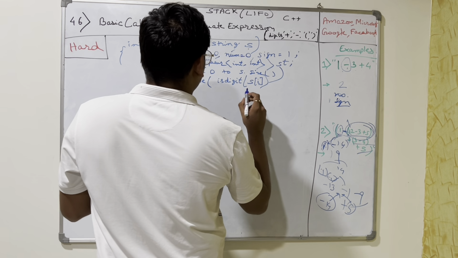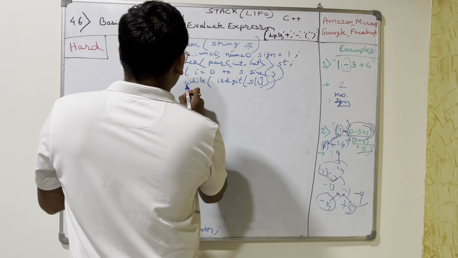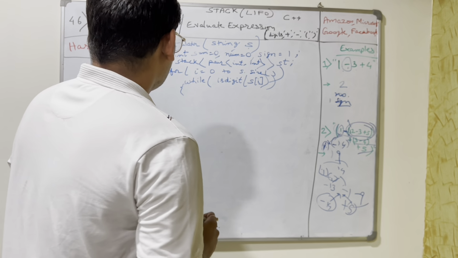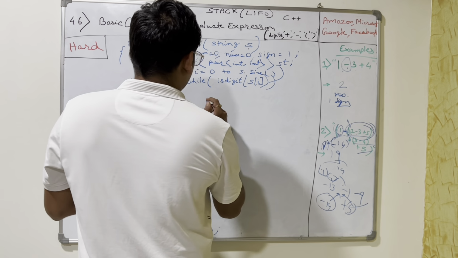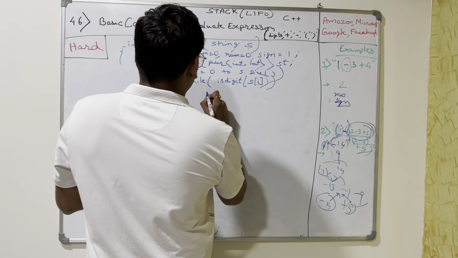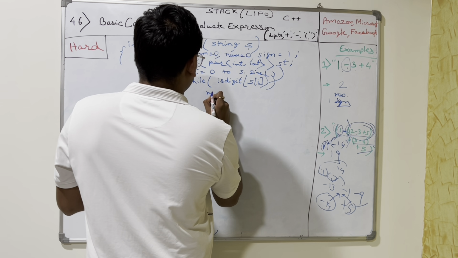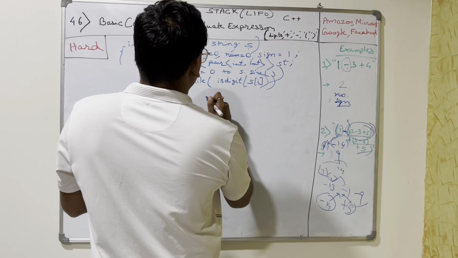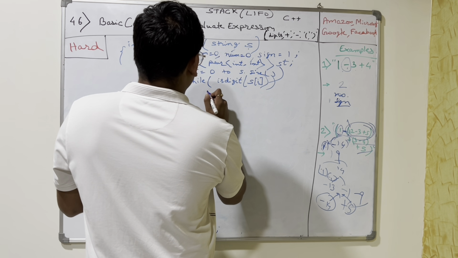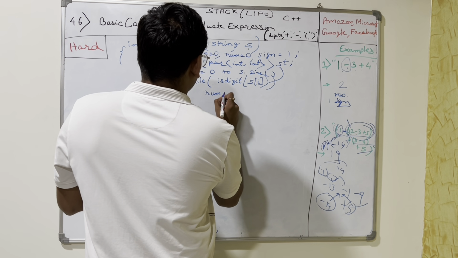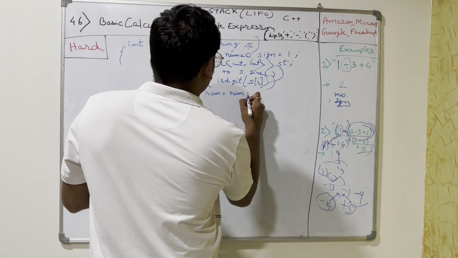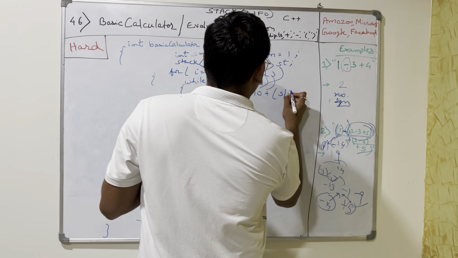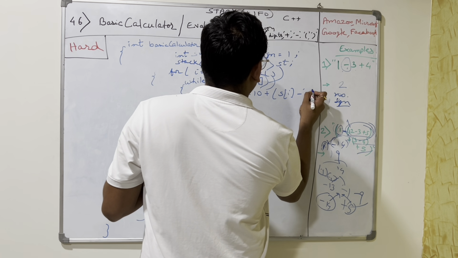If we are getting a digit every time, okay, then what we will do, we will get the value for the digit as num is equal to num into 10 plus s[i] minus '0'.